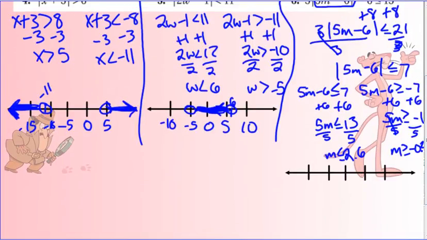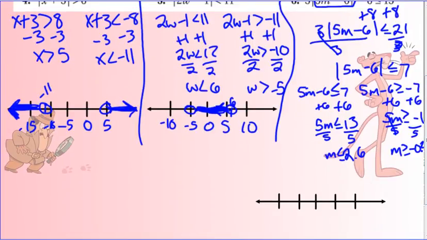And now we can graph this thing. So we need 2.6 and negative 0.2. I'm going to put 0 there. 1, 2, 3, negative 1. Negative 0.2 would be like here. 2.6 would be like here, between 2 and 3.